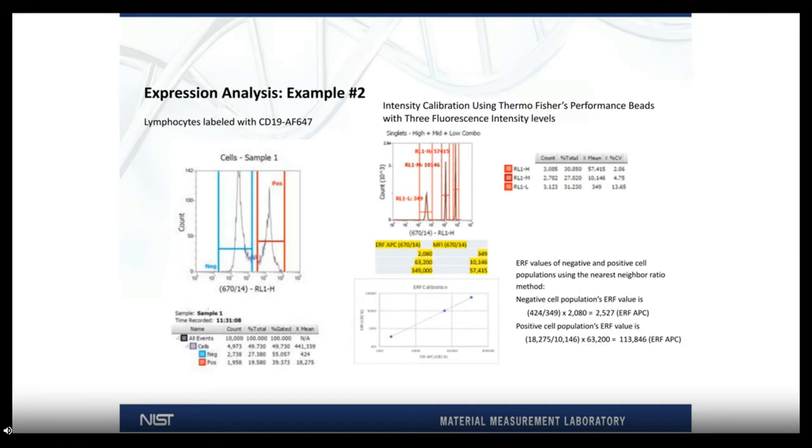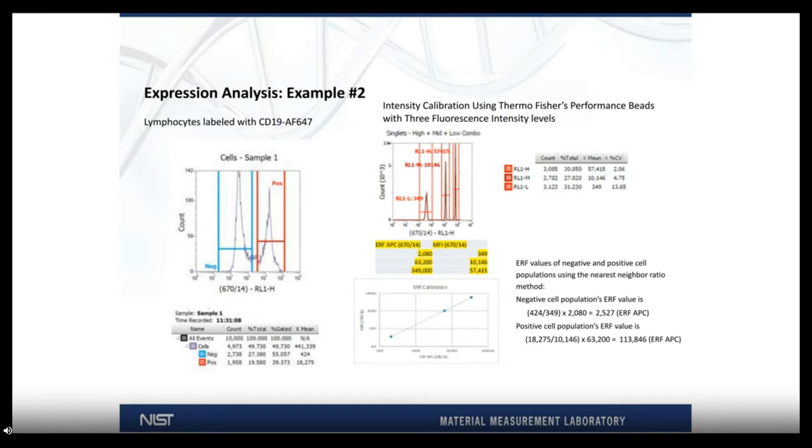So just to give one more example, just so you get the idea, here we're using Thermo Fisher performance beads at 3 different intensities, a low, a mid, and a high intensity. And we are quantifying the intensity of 2 cell populations, one being a CD19 positive and the other being a CD19 negative cell population.